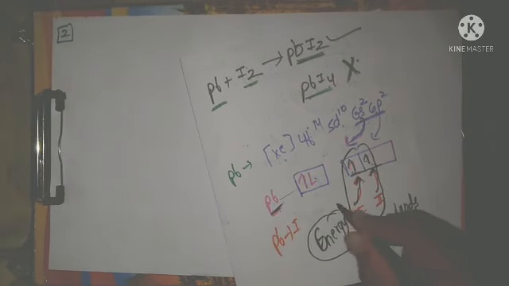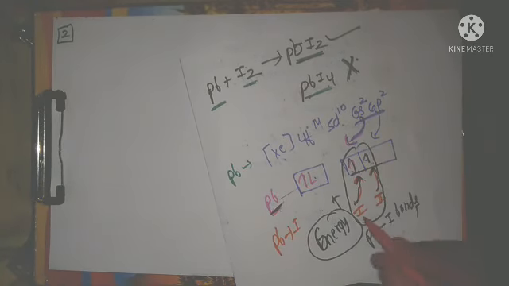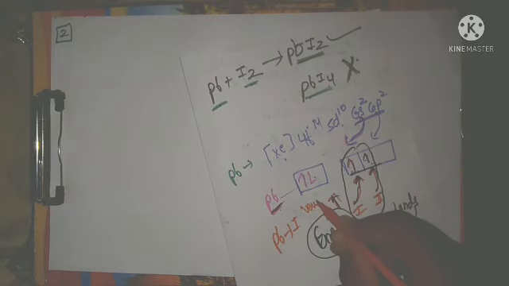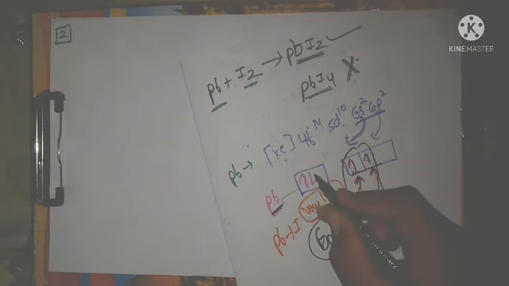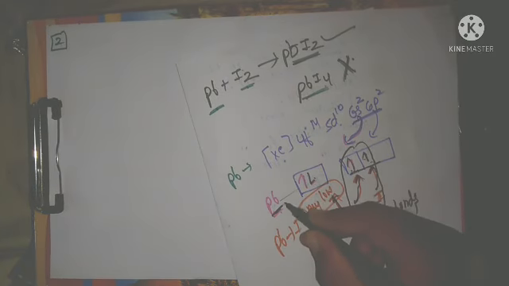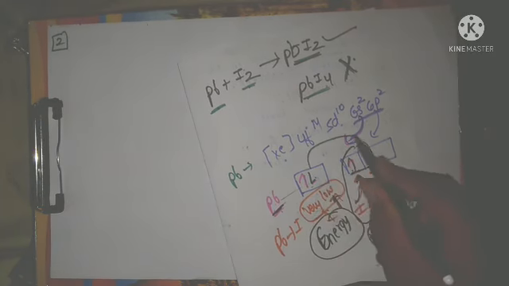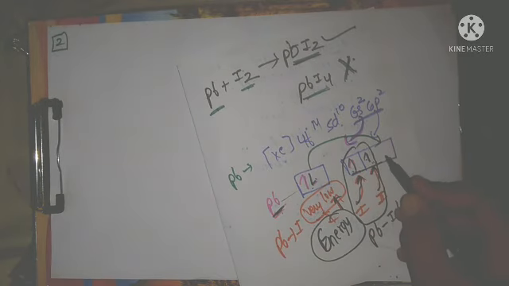Energy is released, and this energy is very low. So one of the electrons from the s orbital is not jumping to the empty p orbital here.